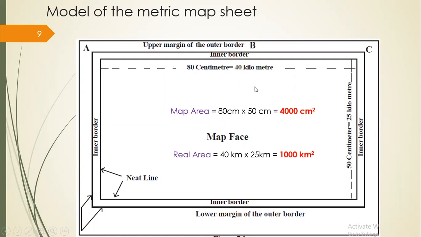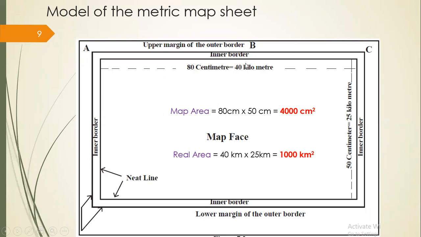Then map area. This is very important. Map area is given by 4,000 square centimeters of the map. Then one side is 80 centimeters. 80 centimeters will show you 40 kilometers according to the scale.